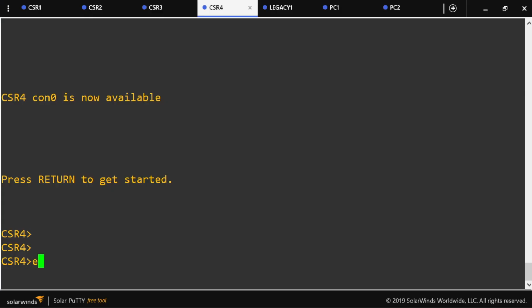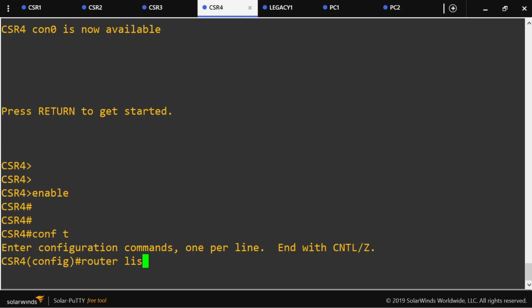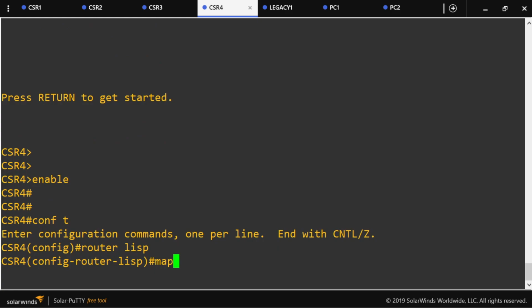Okay, so router LISP. We're going to have to do a map cache in order to force the proxy to ask for these networks.